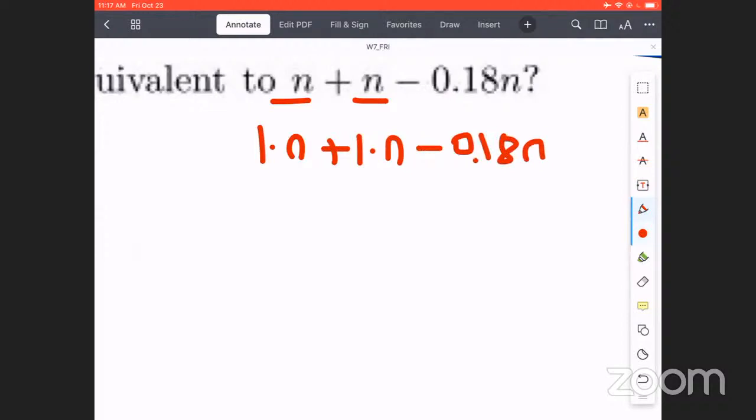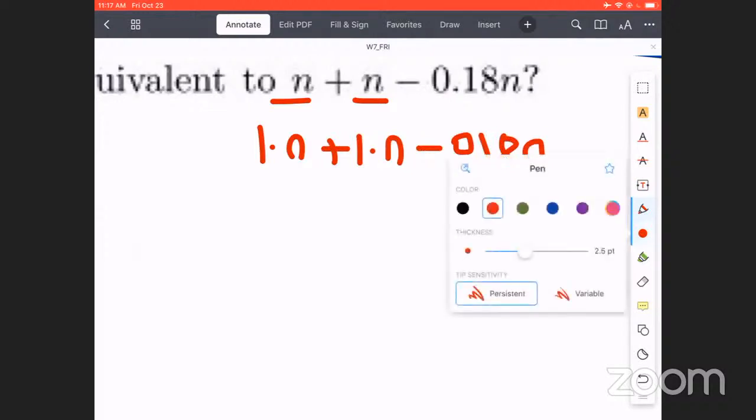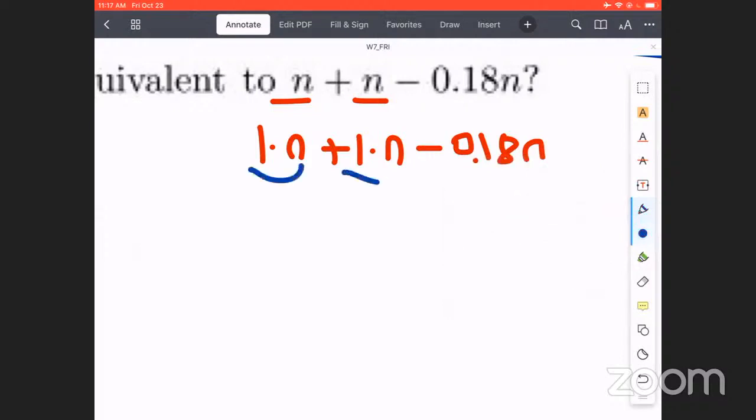And the second thing, you have to make sure that all of them are like terms. Are they like terms? Yes. Okay, somebody answered in Spanish. Yes, it is a yes.